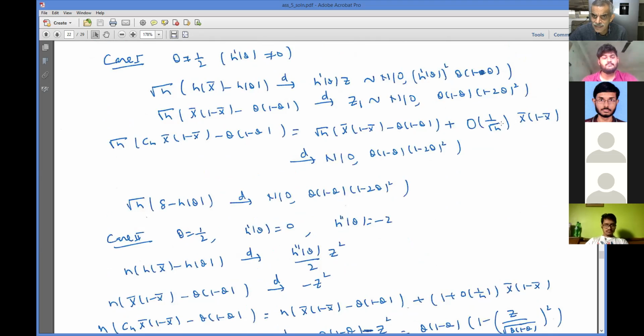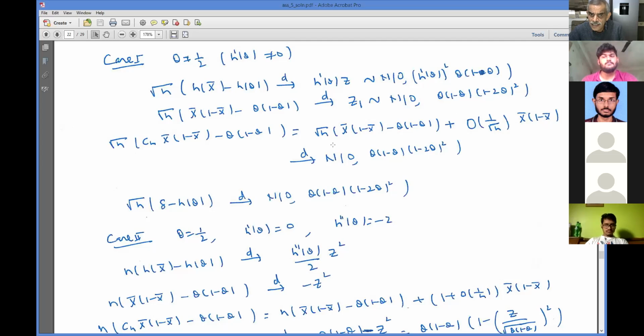What does that mean? This quantity is going to 0, because it is 1 upon root n plus something, and 1 upon root n goes to 0. So this goes in probability to 0.